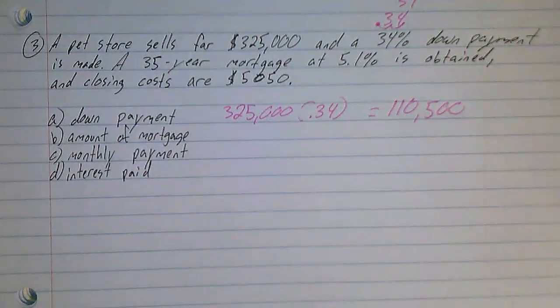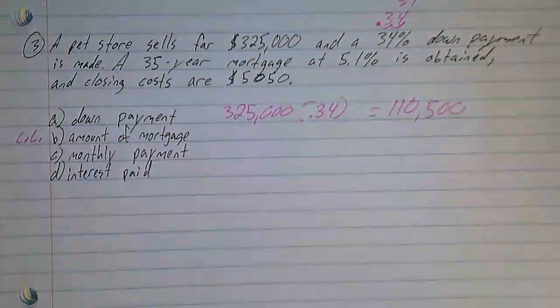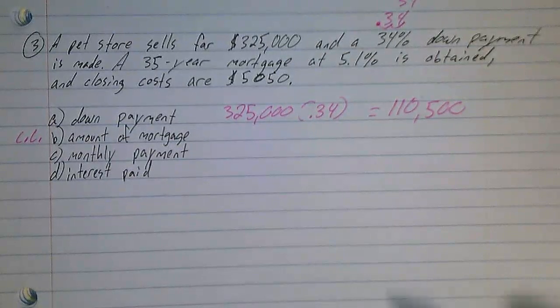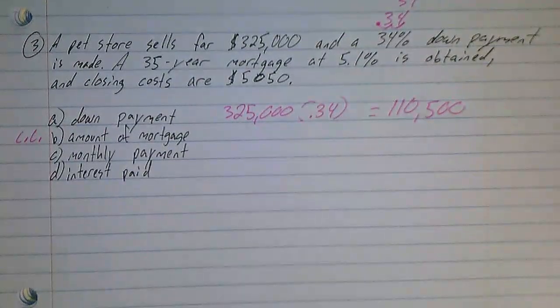What is the amount of the mortgage? This is where we bring in the closing costs. So the amount of the mortgage, how much do we need to take out a loan for, given that we only have this much to pay for the down payment?